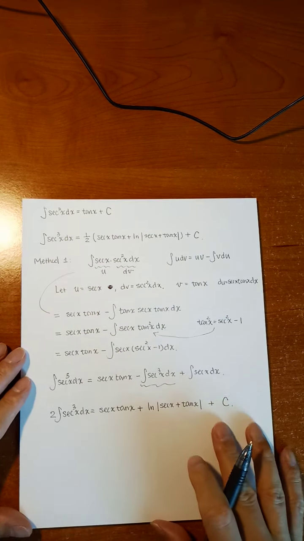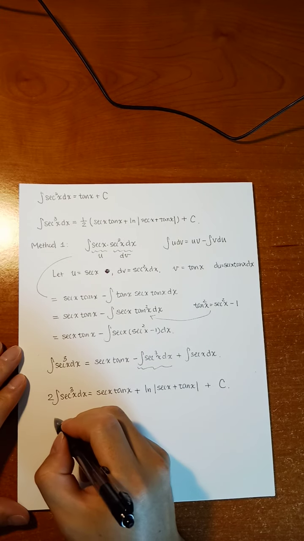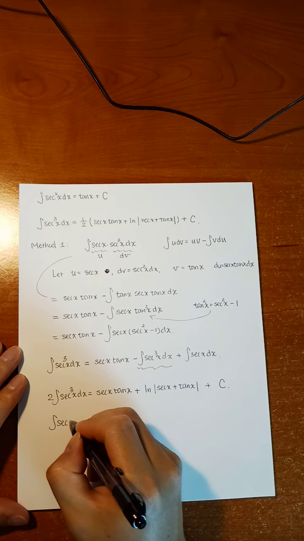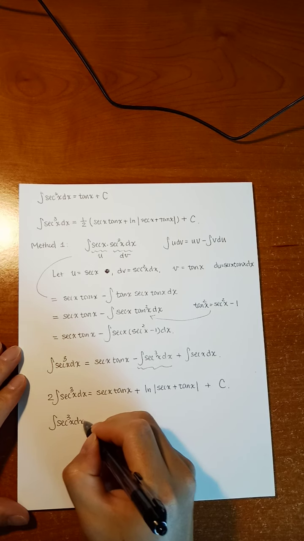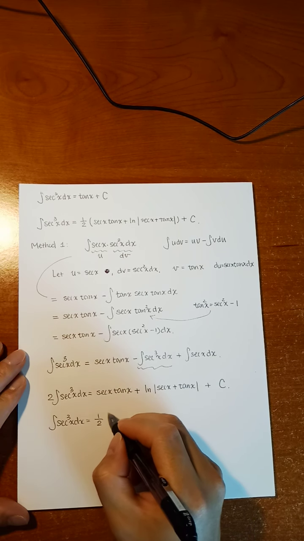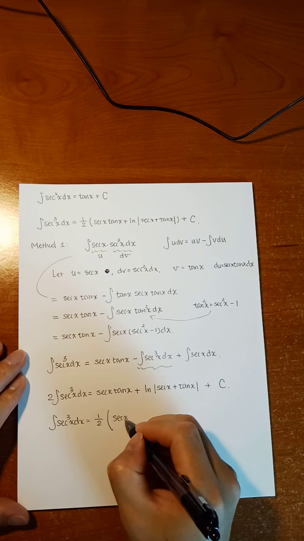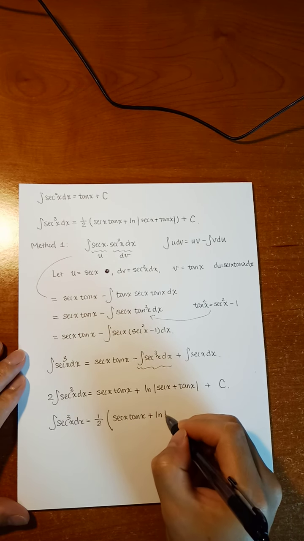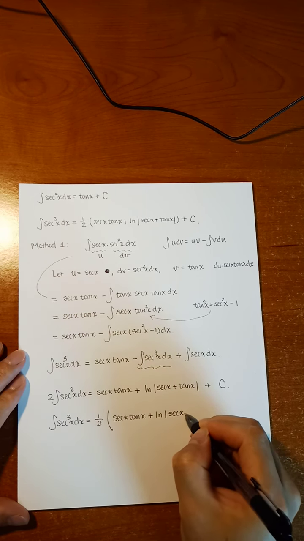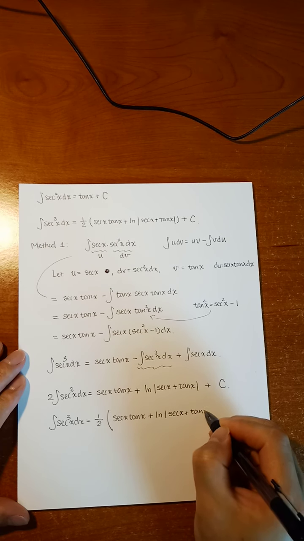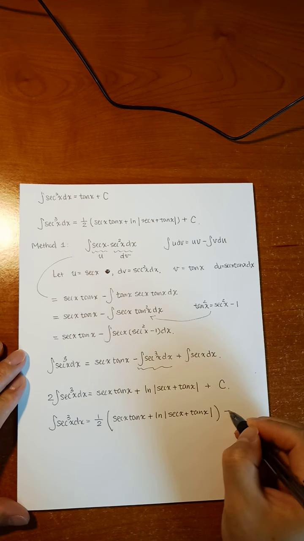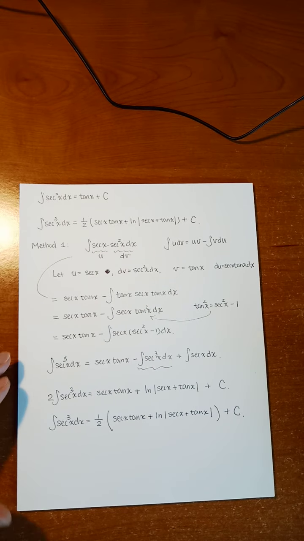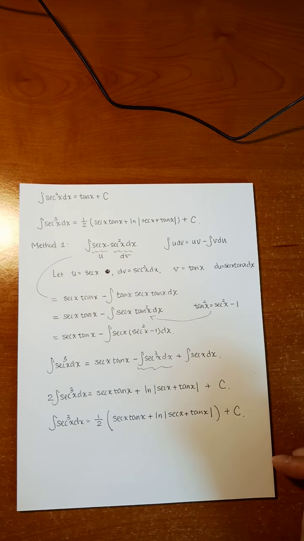So we divide this equation by 2, we will get our formula. It's 1/2 secant x tangent x plus natural log secant x plus tangent x, and then plus c. Right? So this is the standard way to find the antiderivative of secant of x cubed.